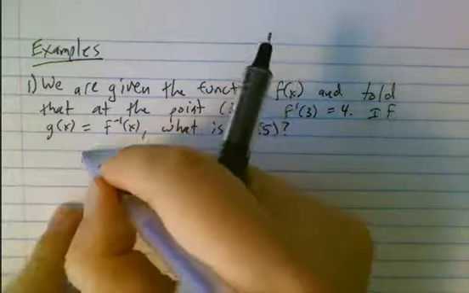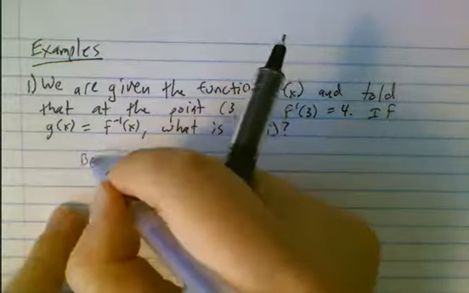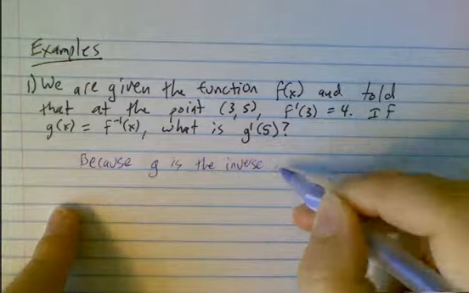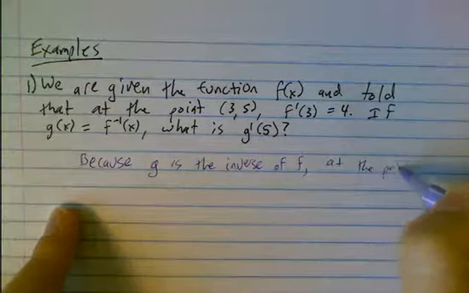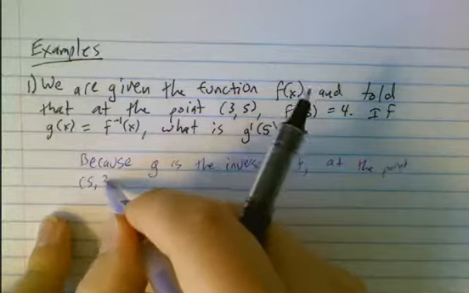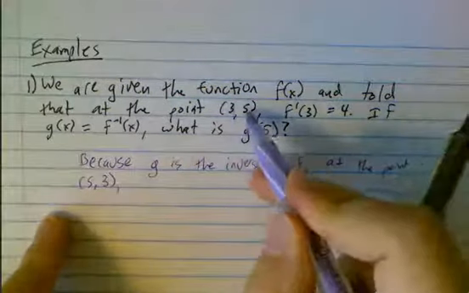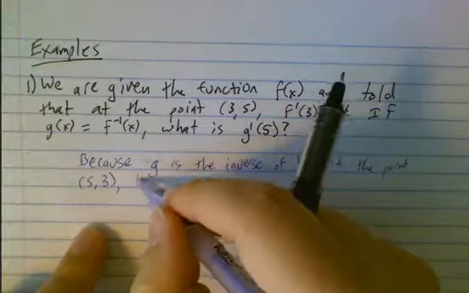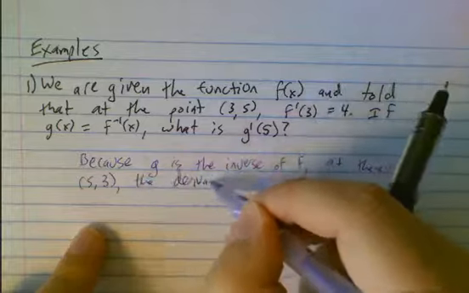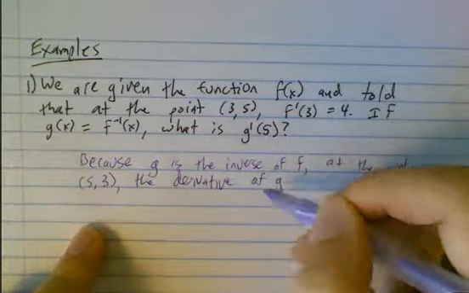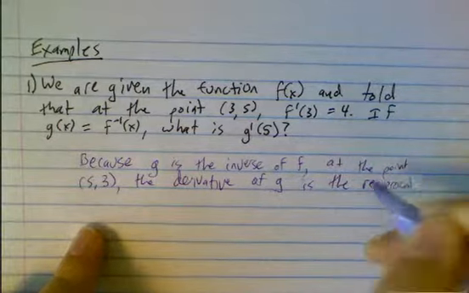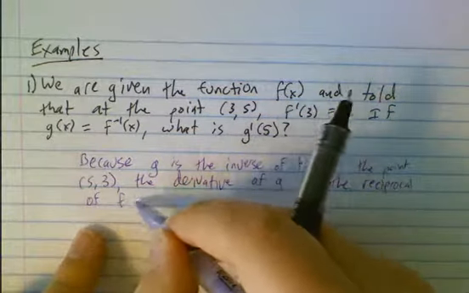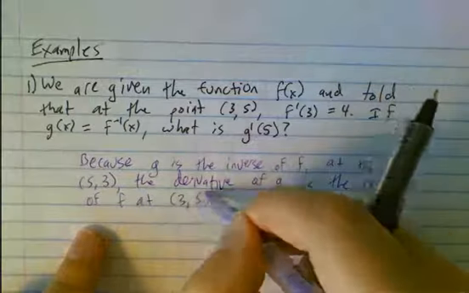So here's the logic that we're using. Because g is the inverse of f, at the point 5, 3, that's the reverse of 3, 5, the derivative of g is the reciprocal of f at 3, 5.